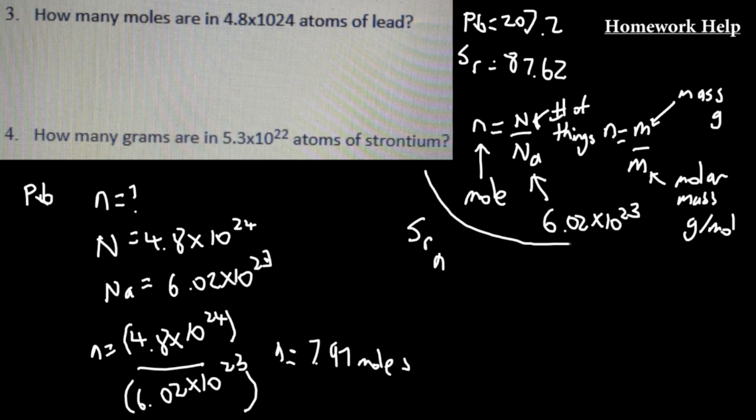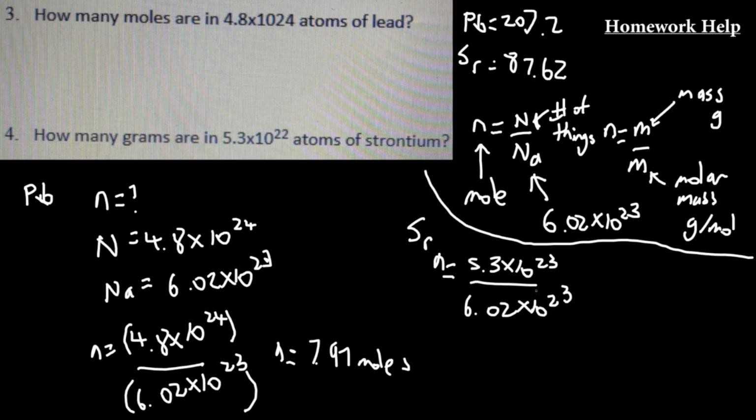So N equals number of things, so atoms, 5.3 times 10 to the 23 over 6.02 times 10 to the 23. Now remember, the bottom part, Na, is always 6.02 times 10 to the 23. The top part, in this case, is atoms. We're just using this to find out how many moles there are.